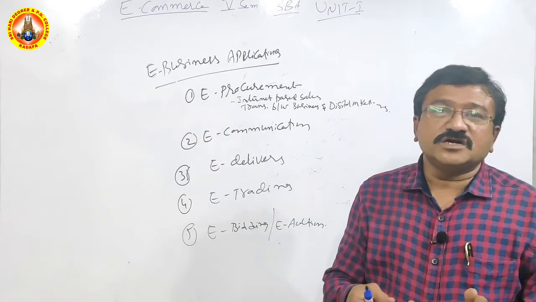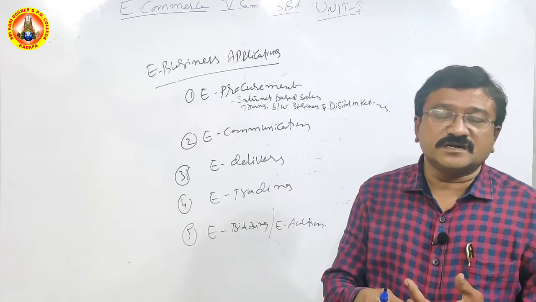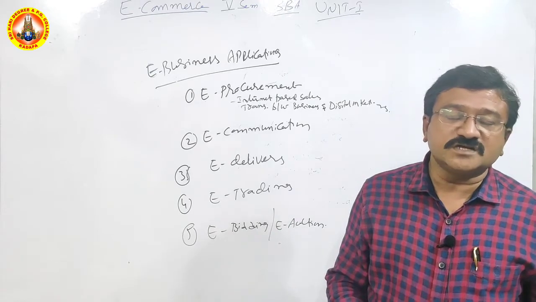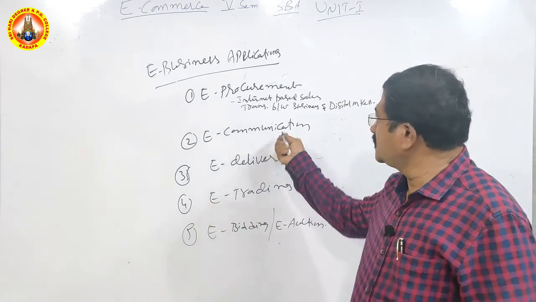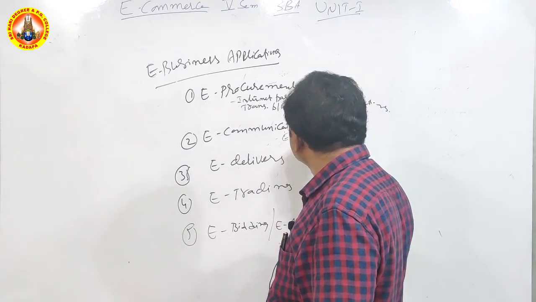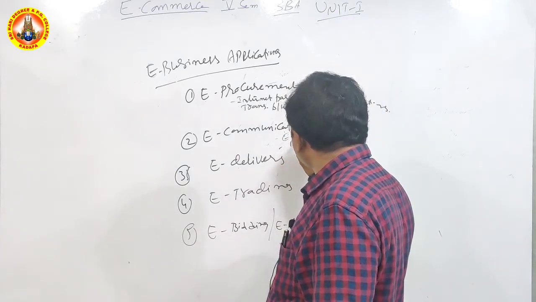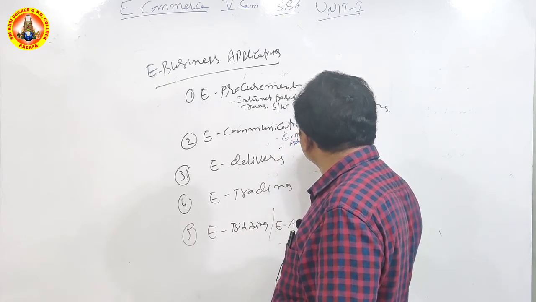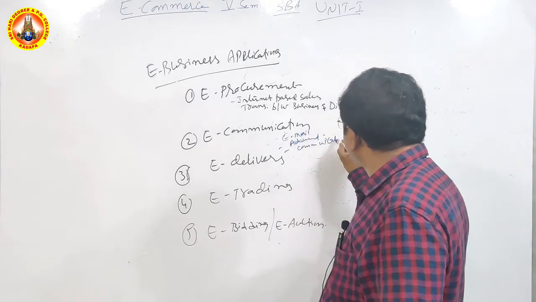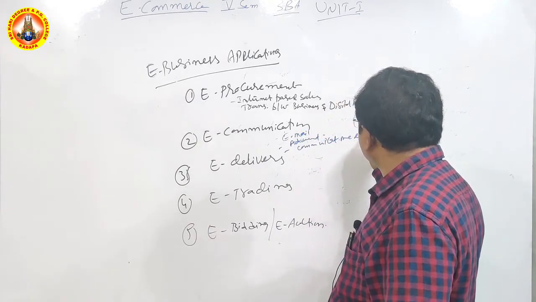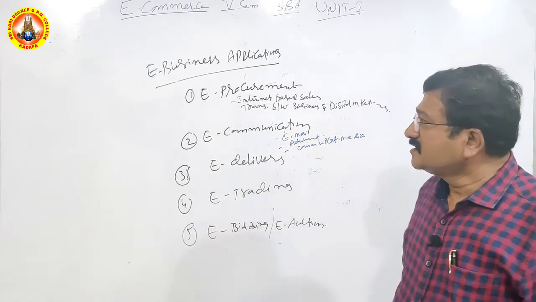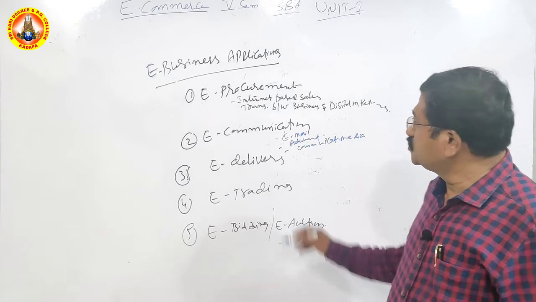You can call it email, electronic mail, probably your Gmail or some other office mail, communicating from one business person to another through e-communication, through email, advertisement, or some other communication media.